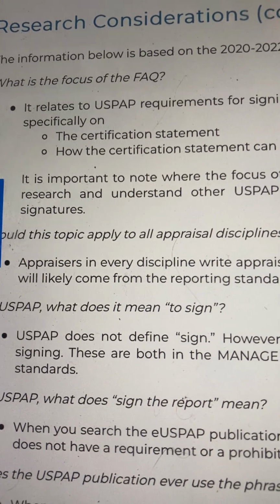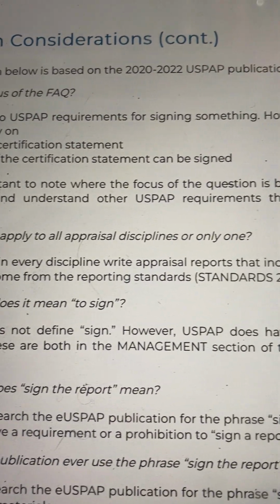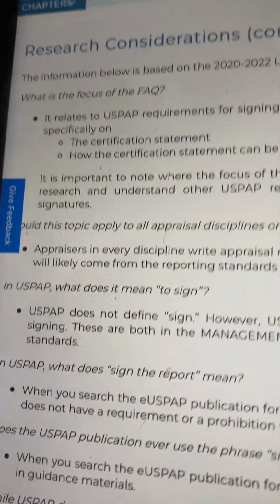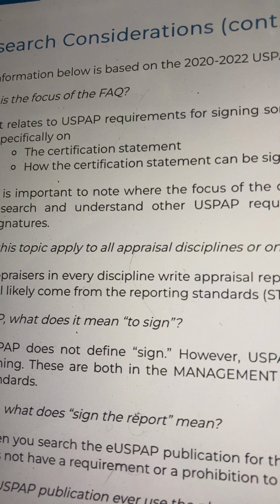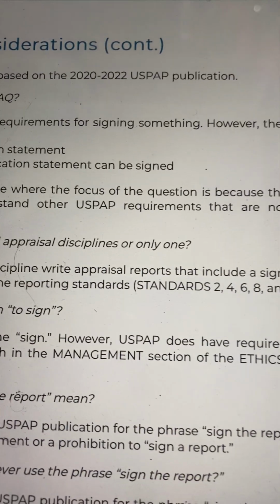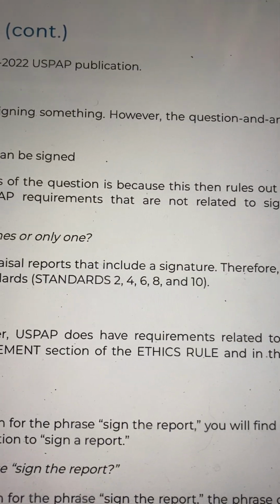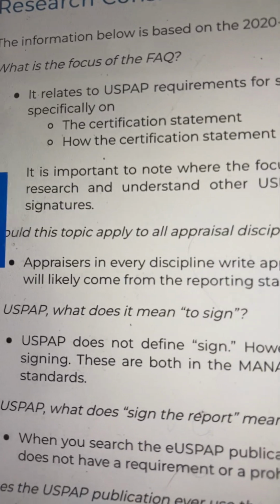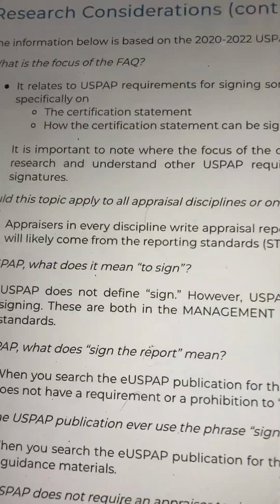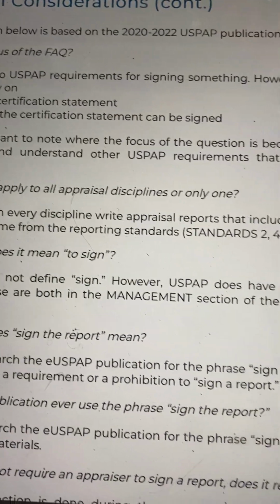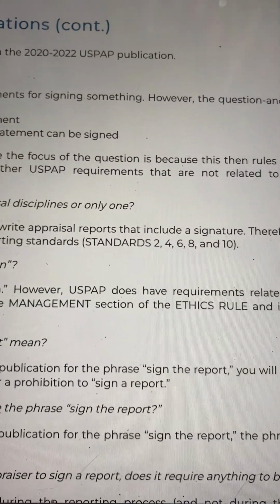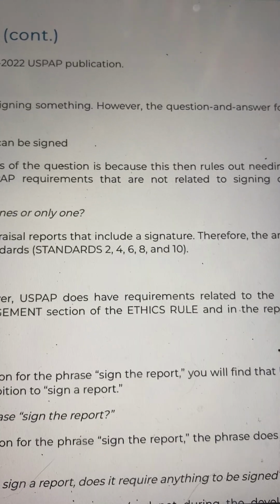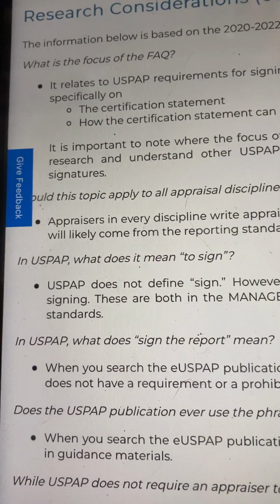Would this topic apply to all appraisal disciplines or only one? Appraisers in every discipline write appraisal reports that include a signature. Therefore, the answer will likely come from the reporting standards. Standards 2, 4, 6, 8, and 10.